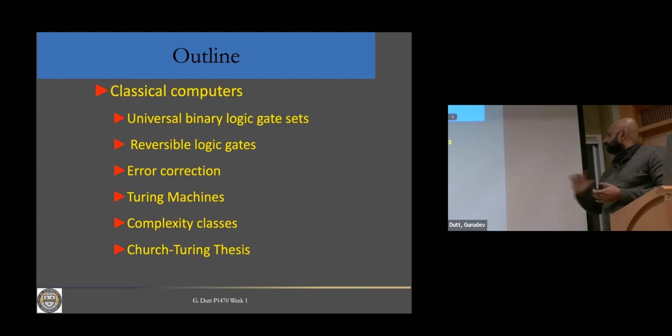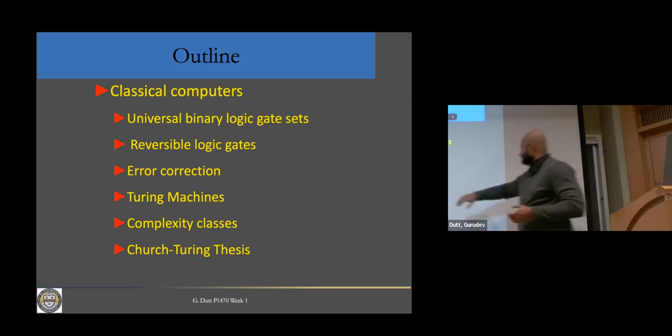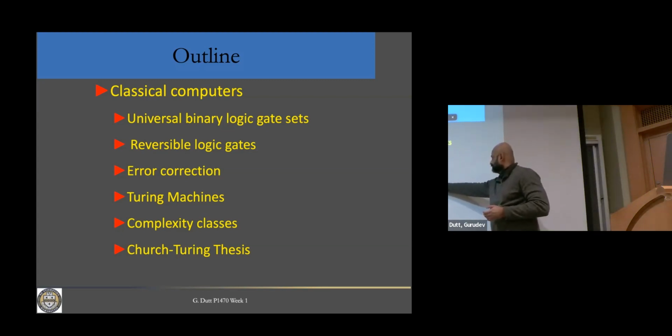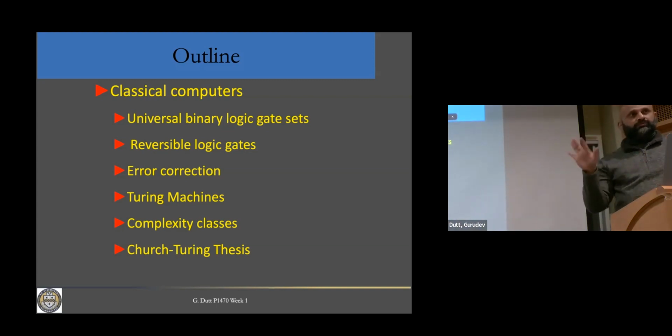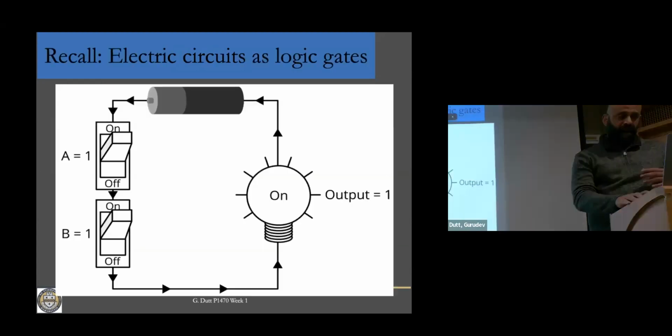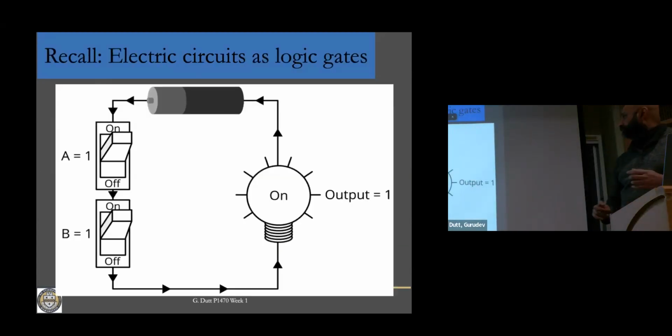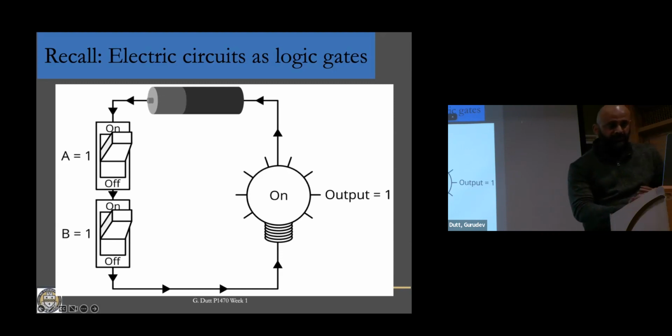But we'll cover a few things such as the reversible logic gates, error correction, Turing machines and complexity class, and the Church-Turing thesis. All of this will be at a somewhat high level. We'll go into some details on a couple of things, but most of it will be at a high level because that's not really the focus of this course. But you should have some working knowledge of these terms so you can understand what we are talking about later on.